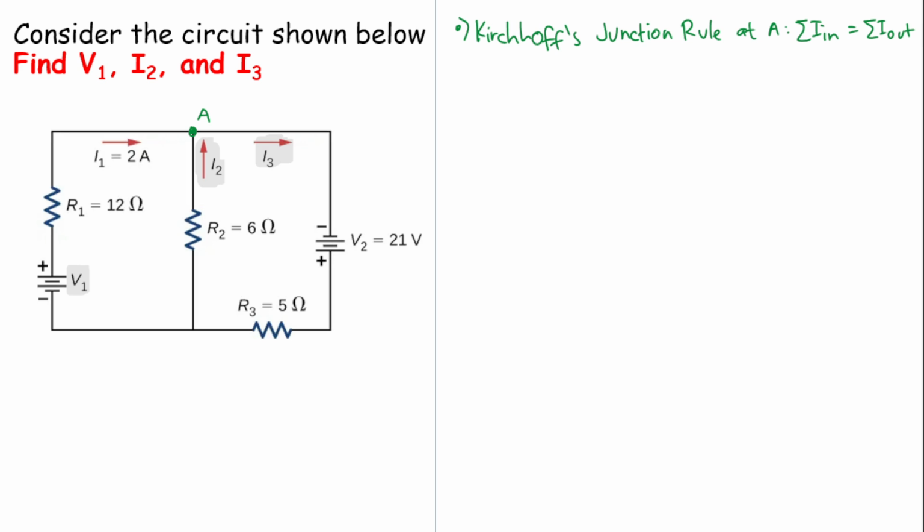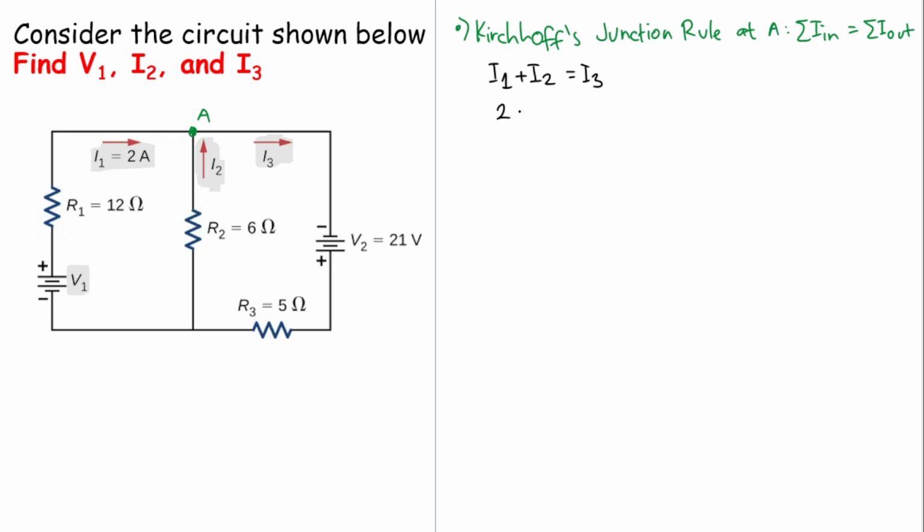What is the current that goes in? We have this one here, I1, and also I2, which both go to point A, right? So we will have I1 plus I2, and that will equal I3. However, we know the value of I1, so let's plug that in.